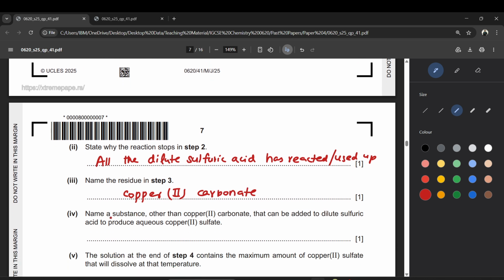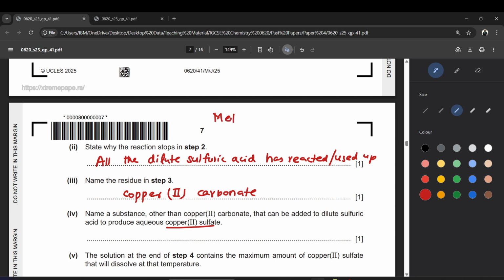Number 4, name a substance other than copper carbonate that can be added to dilute sulfuric acid to produce aqueous copper sulfate. Now if I want to make copper sulfate, there are three ways that I can do it. I can add a metal carbonate, I can add a metal oxide. Sorry, let me repeat it, but in general terms.